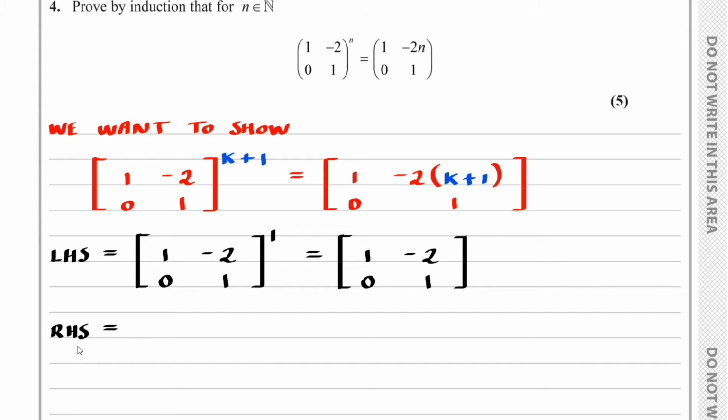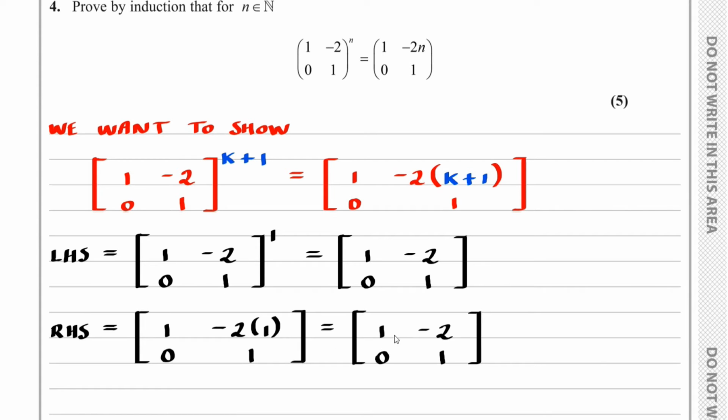If we take a look at the right hand side when n is equal to 1, we have (1, negative 2 lots of 1; 0, 1), which it turns out is (1, negative 2; 0, 1). So what we can see then, when n is equal to 1, the left hand side and the right hand side are equal, so the result is true for n equals 1.